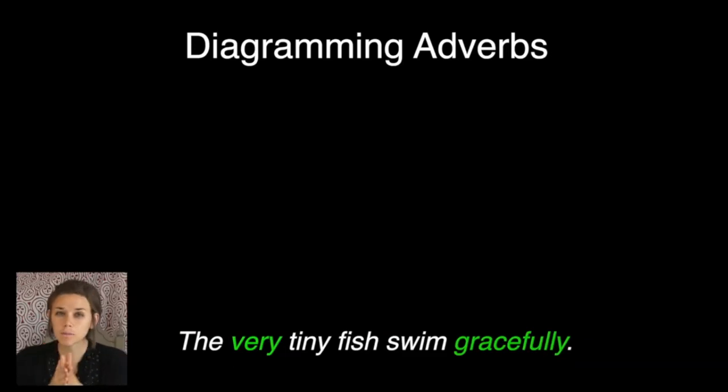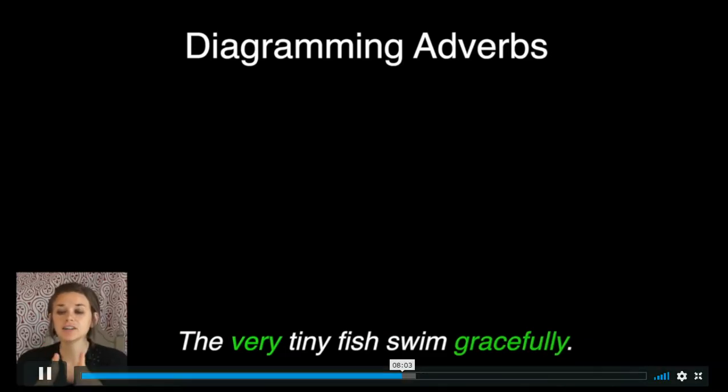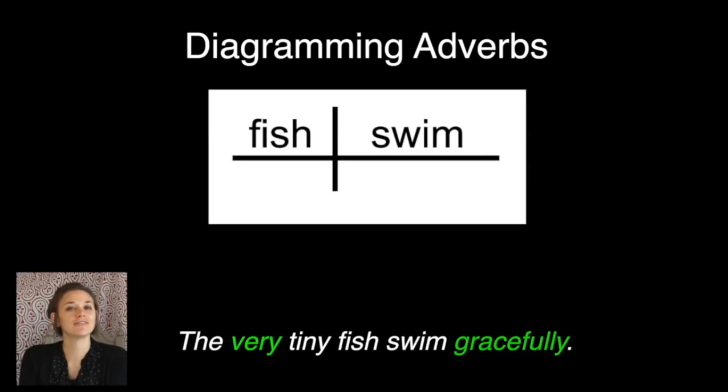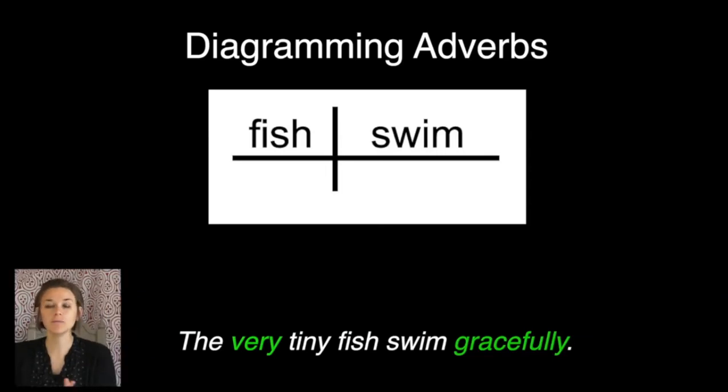Okay, let's look at one more example sentence. The very tiny fish swim gracefully. Remember, we start with subject and verb. The subject is fish, the verb is swim. Now at this point, we're left with quite a few words. Some of those words are going to be adverbs and some of them are going to be adjectives.